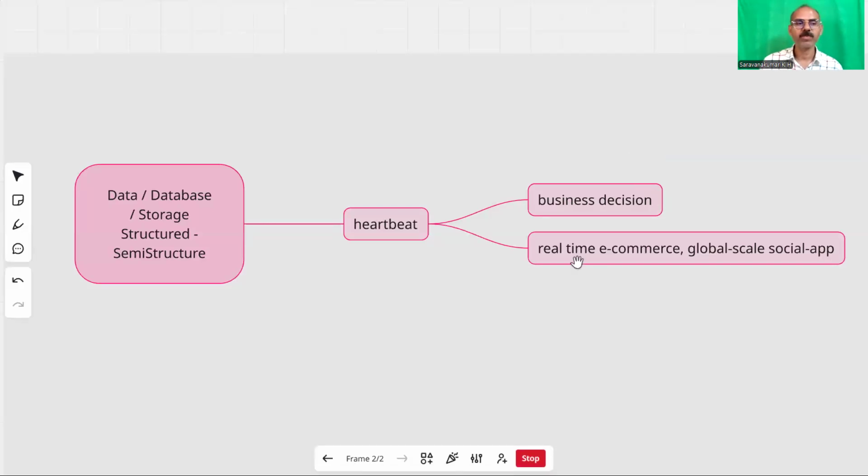Let me share you with the next another mind map. Okay, let me stop sharing here and let me see what is the next one.